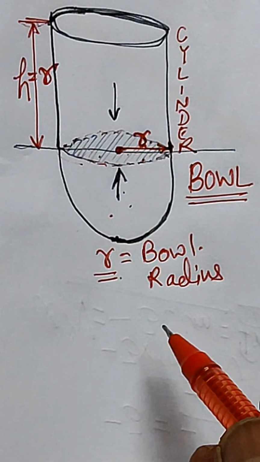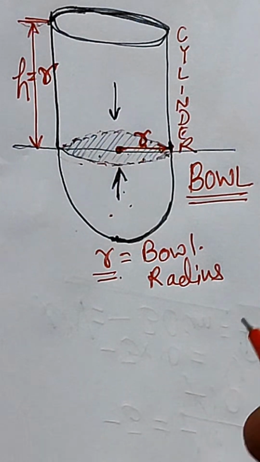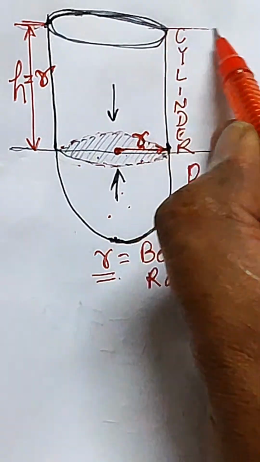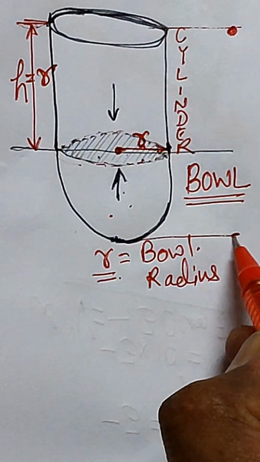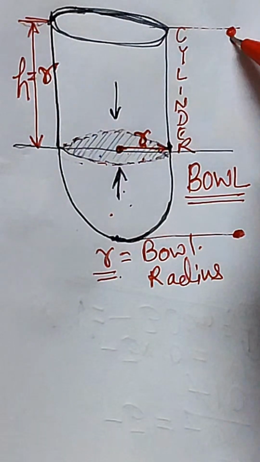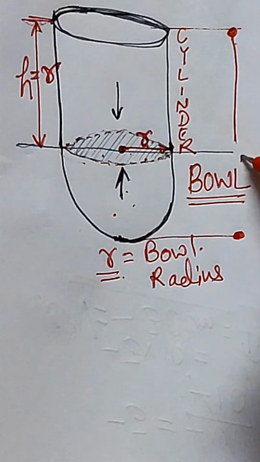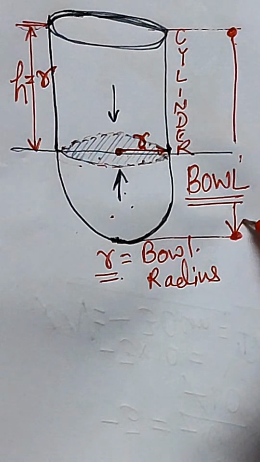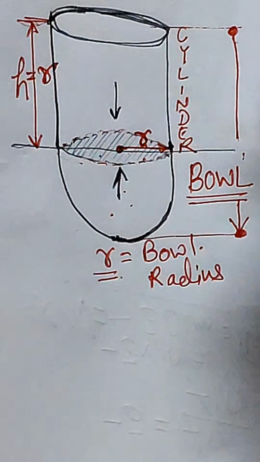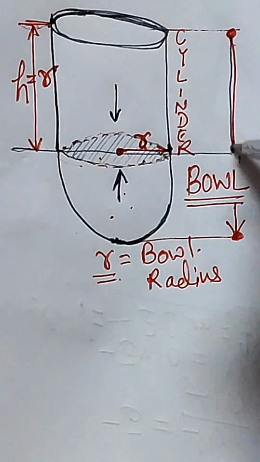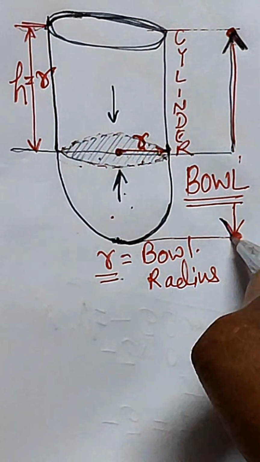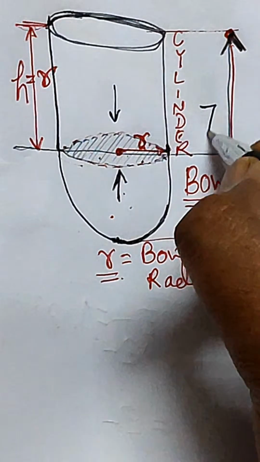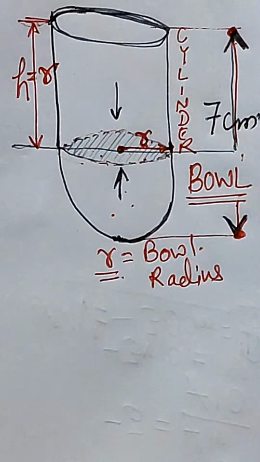Now, one more piece of data is given in the question. If the length of the shape is 7 centimeter, that means from here till this point, this length is given to you as 7 centimeter.